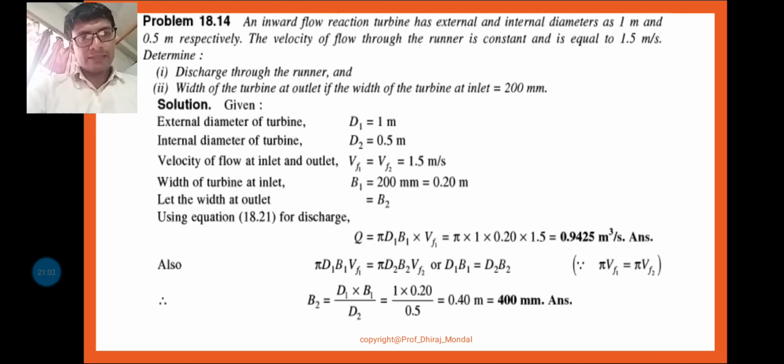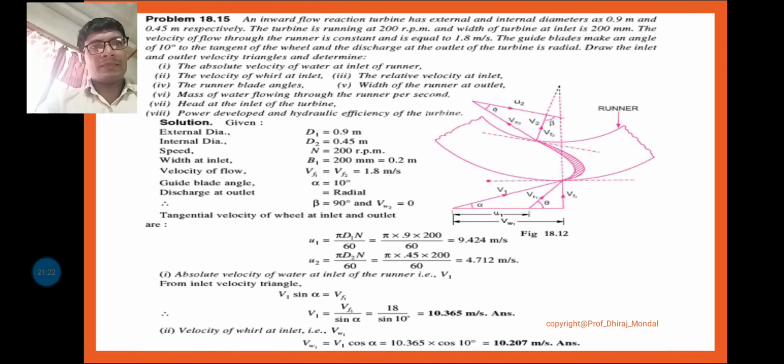Pi cancels out, so D1 B1 is equal to D2 B2. All the values are known except B2. Putting in all the values, we get B2, the width at outlet, equal to 400 millimeter. I hope it is clear.